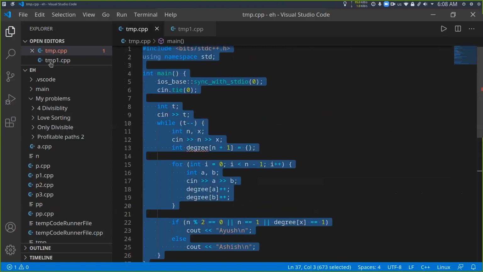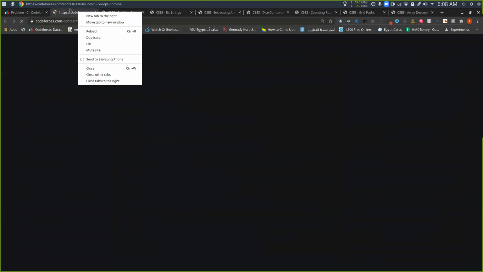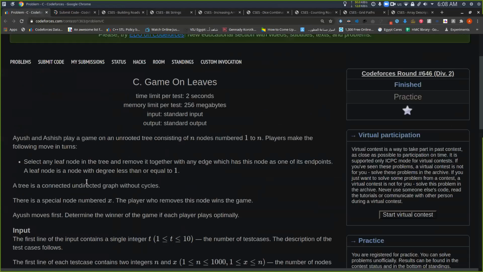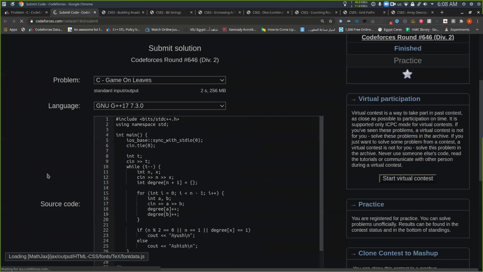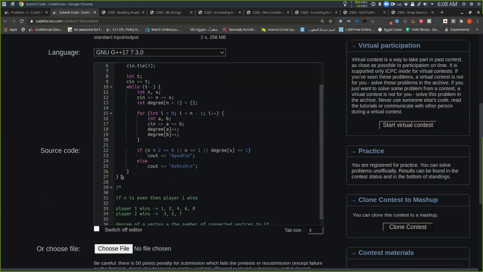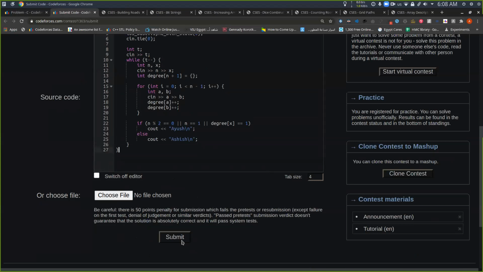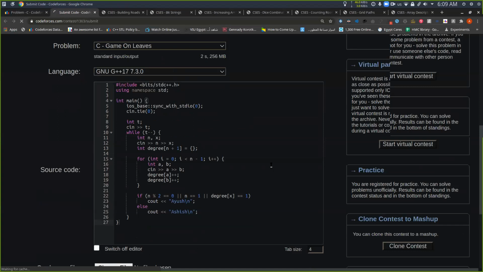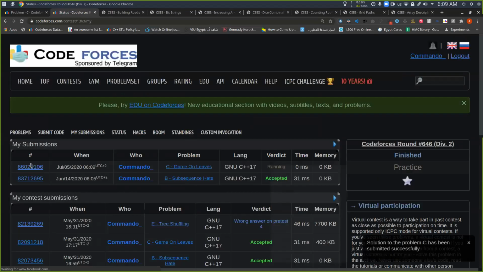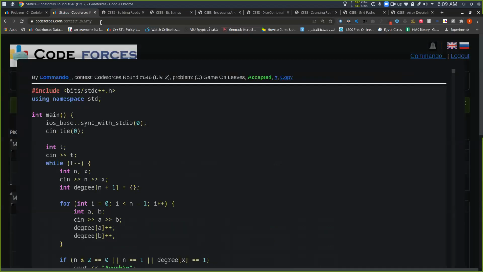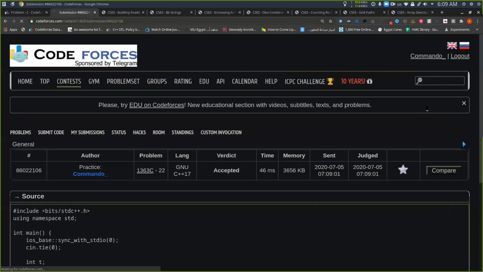We'll submit the code. Okay, here is the submission link to the problem. Sent it.